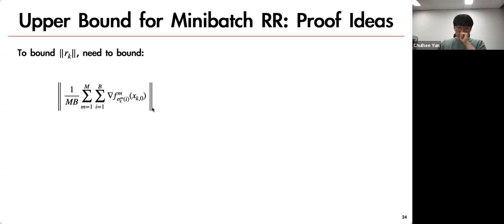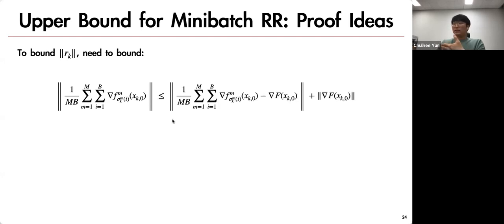Okay, and it's easy to check that the mean of this average is actually equal to the gradient of the global objective function f. So we can add and subtract the gradient of f here and apply the triangle inequality. So the gradient of f is the actual mean, or the expected value, of the average of partial sums. Okay, so it remains to bound.